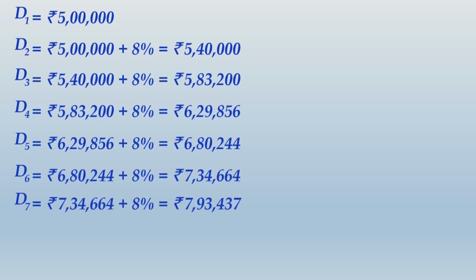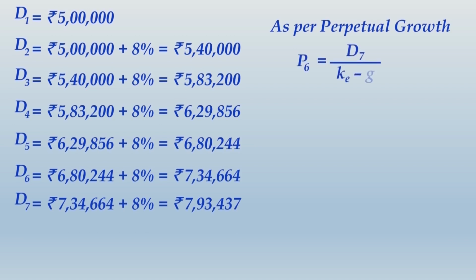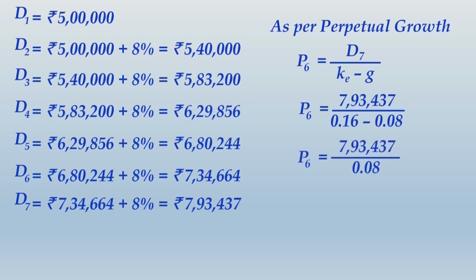also compute D7. Don't forget that after 6 years the terminal value has to be computed, that will be P6, correct? And P6 will depend upon D7. So as per perpetual growth, P6 will be D7 upon KE minus G, that is the D7 value divided by KE minus G, and whatever you get will be the terminal value as per perpetual growth.